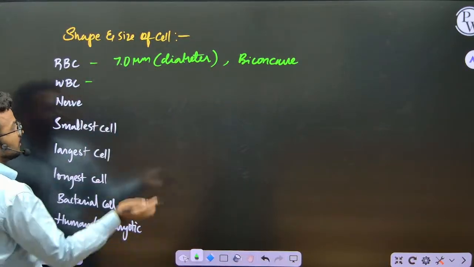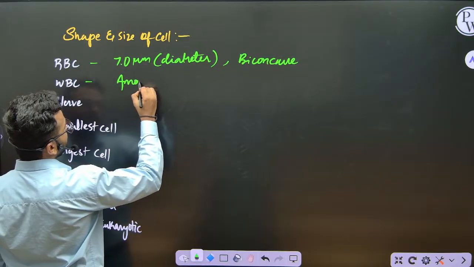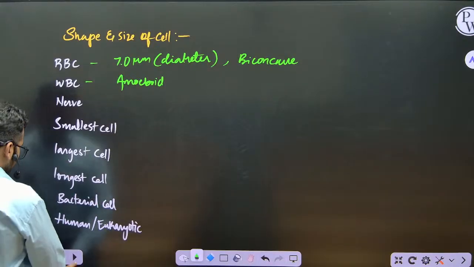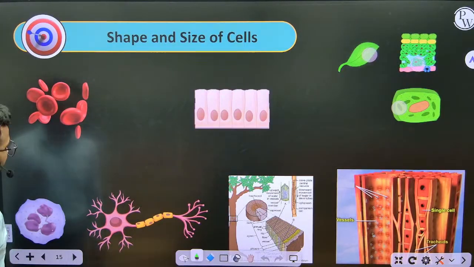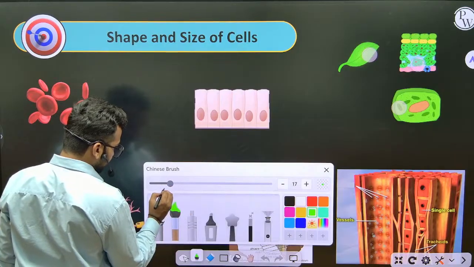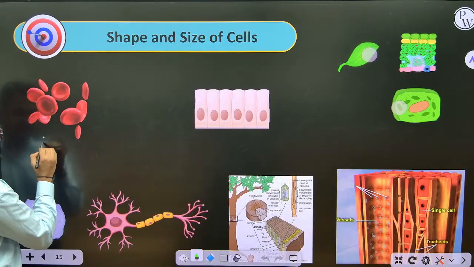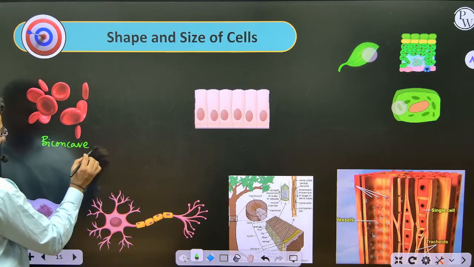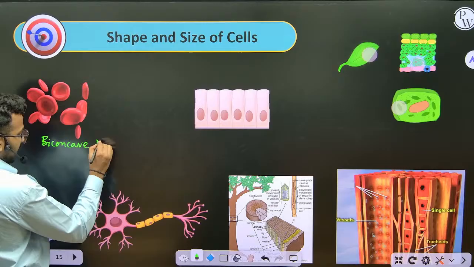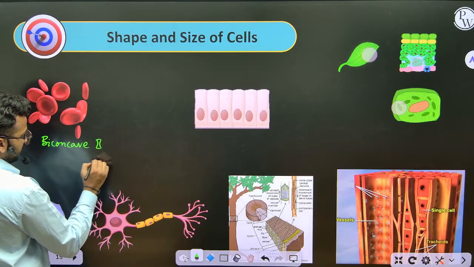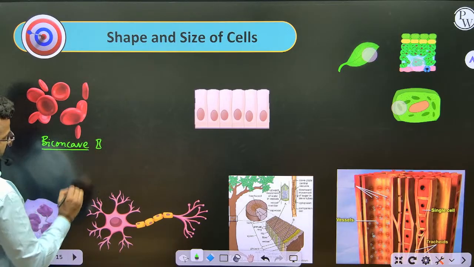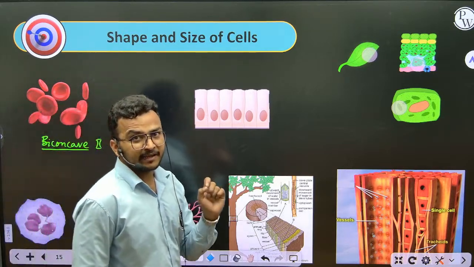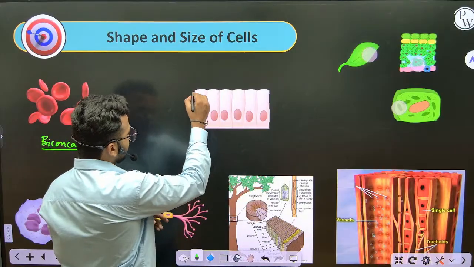When it comes to the WBC, it is amoeboidal shape. Amoeboidal means it won't have any proper shape. Here you can see RBC cells, which are biconcave, with concavity on both sides. Then the columnar epithelial cells are like columns, no?